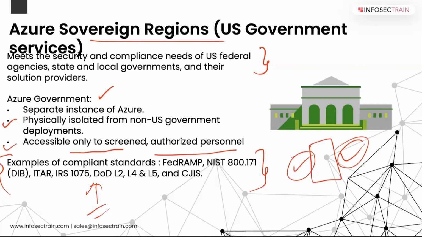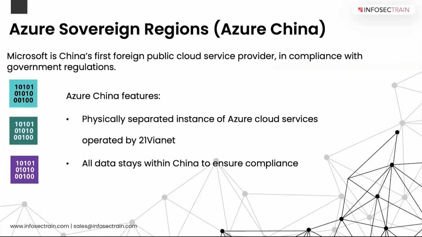Apart from that, there are some other sovereign regions as well. Like the Azure China region, which is again a separate instance of the Azure Cloud, operated by 21Vianet. All the data stays in China to make sure it is compliant.